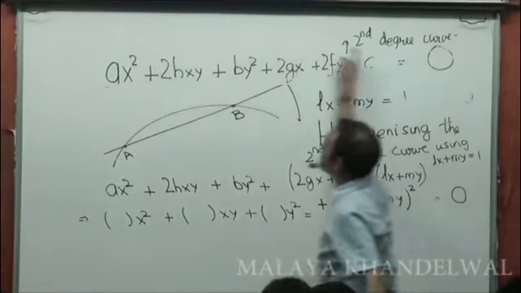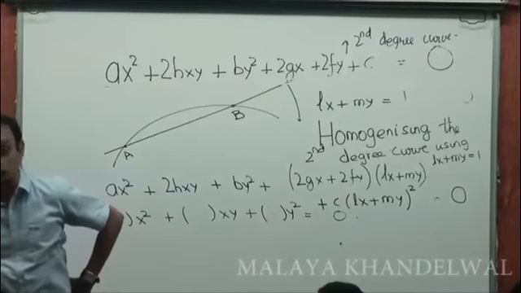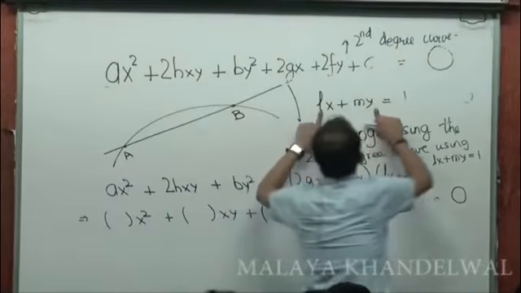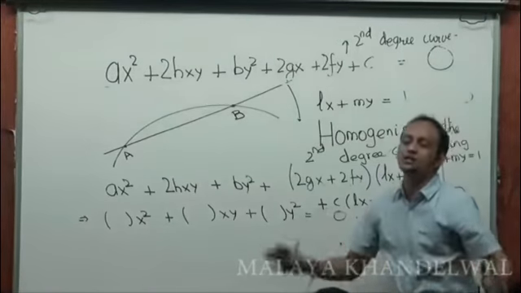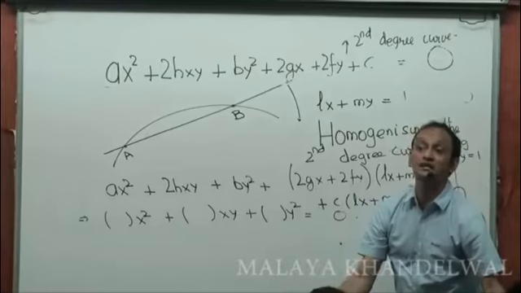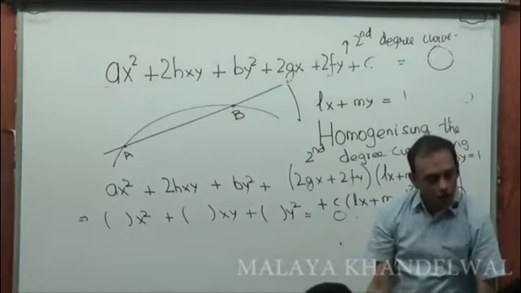No matter what this second degree curve represents, a circle, a parabola, an ellipse, or a hyperbola, the moment you homogenize this second degree curve with a line in the manner that I've suggested, the geometrical entity that results is a homogeneous second degree curve in x and y, which is a pair of straight lines passing through the origin.